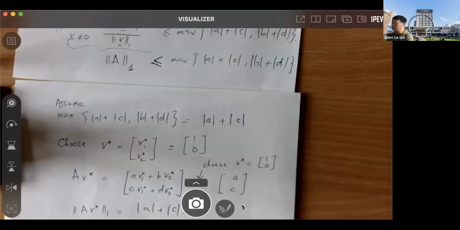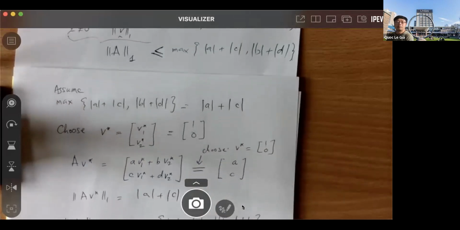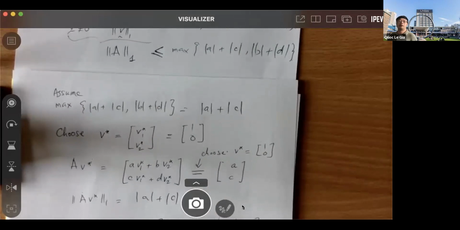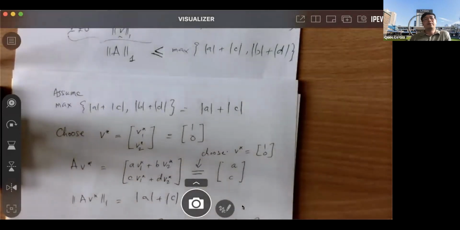And the second step is you show that equality can happen by choosing a special vector V. The full proof for the general case is in the lecture notes, but when you understand the 2x2 case, then you understand the general case. And now we go back to the slide.